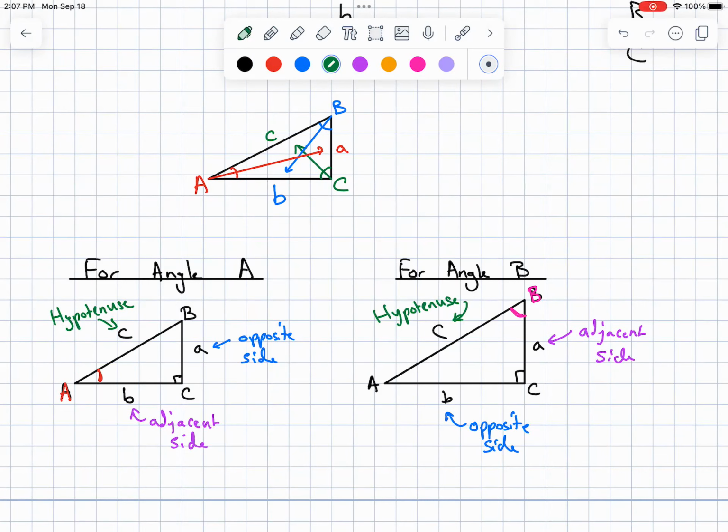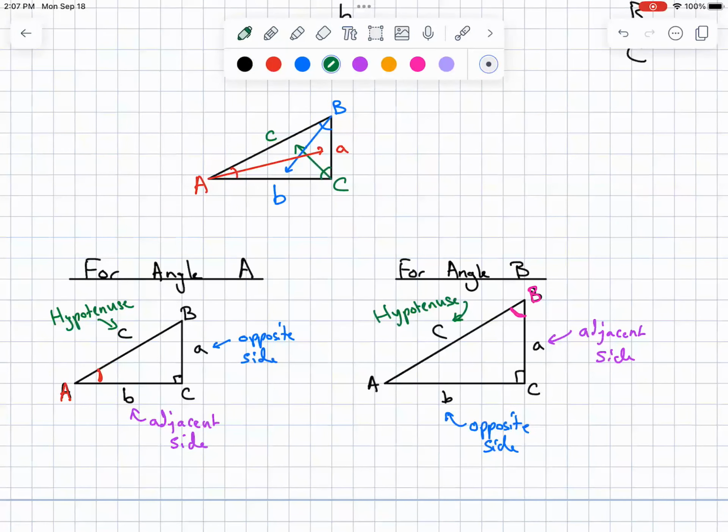The reason I'm spending so much time on this is that when it comes to the trigonometric ratios, which angle you're using changes what is considered the adjacent and what is considered the opposite. So it is important to be able to identify it in relation to the angle in question.